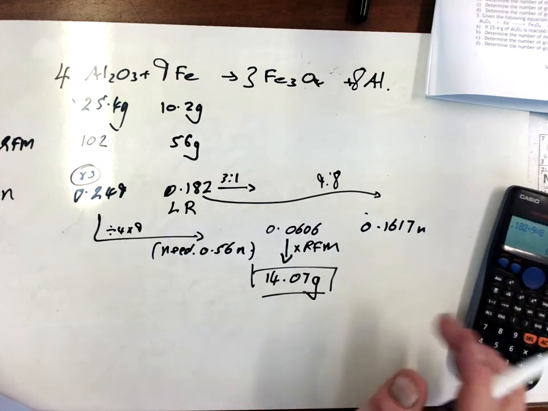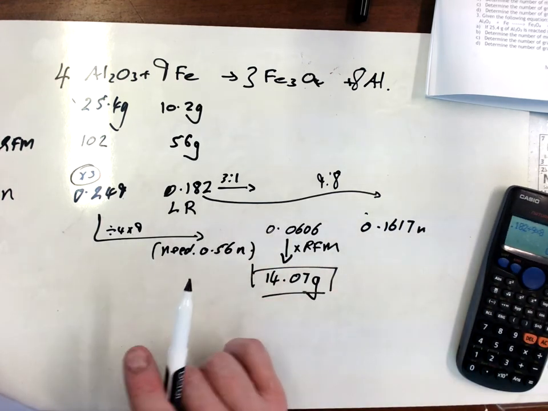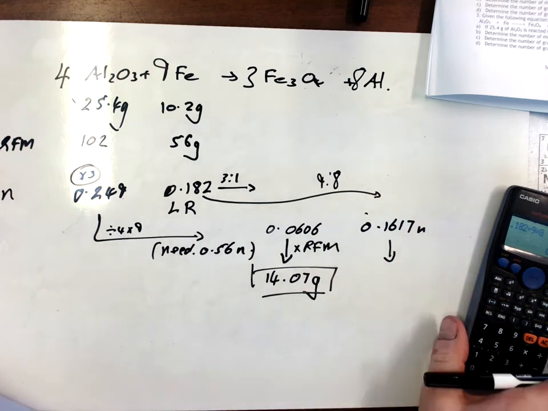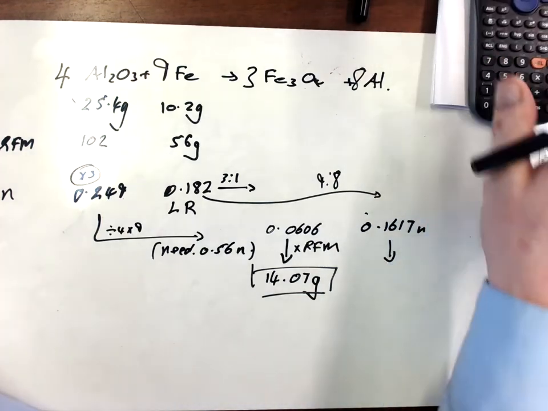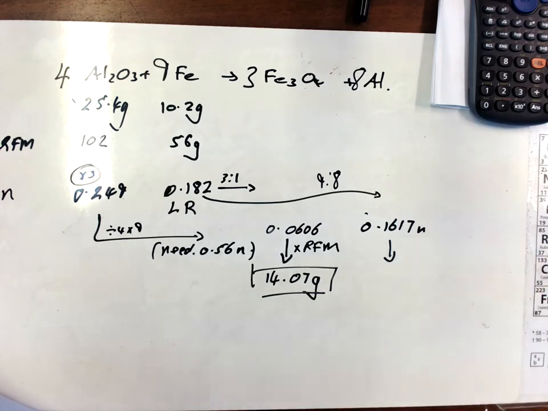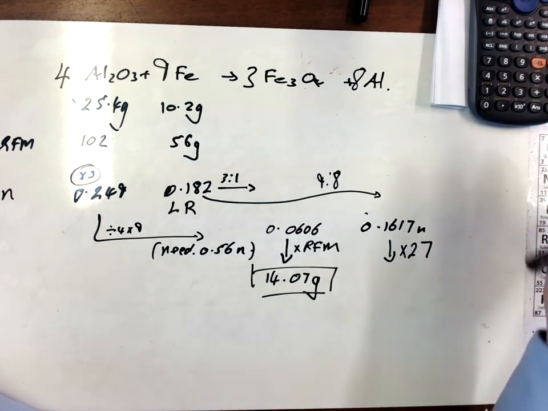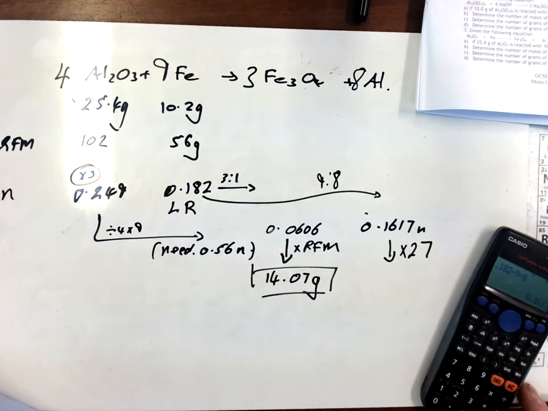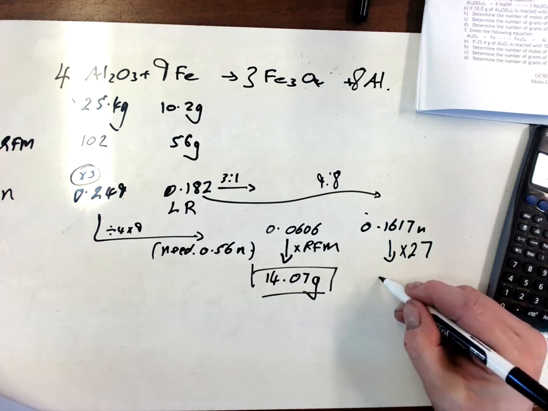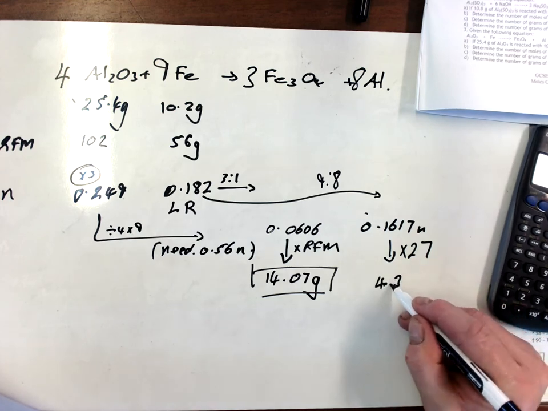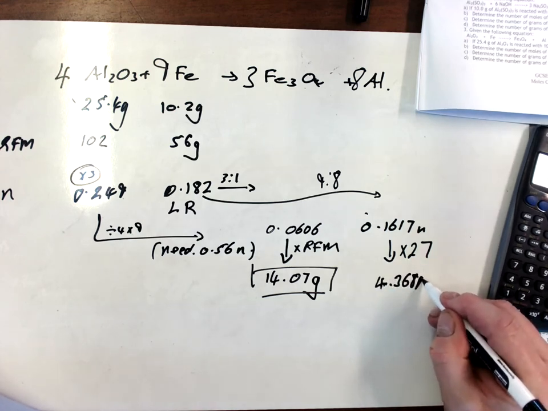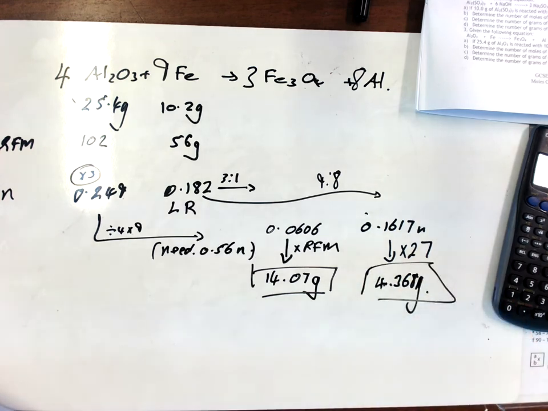Okay, and again just check or estimate that that looks right, and it does, looks fine. So again we multiply that by the RFM of aluminium, which is 27. It's just the atomic mass of aluminium. Okay, and that gives us a mass this time of 4.368 grams of aluminium would be made.